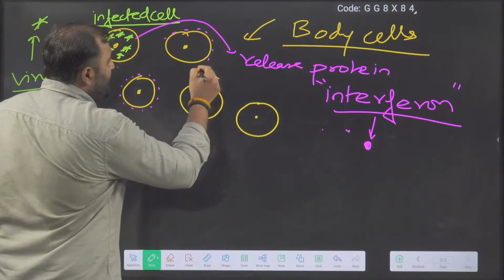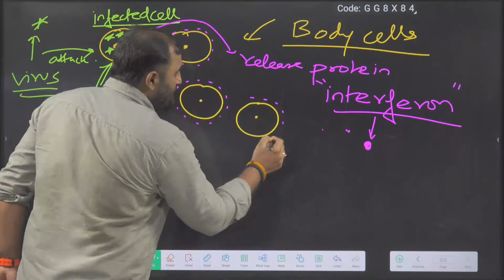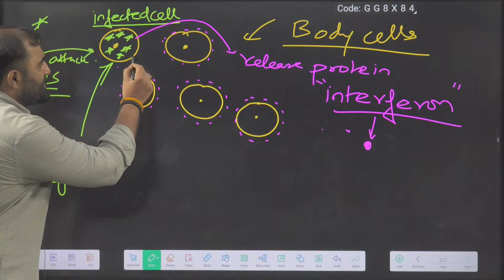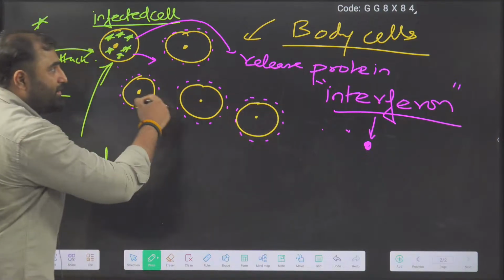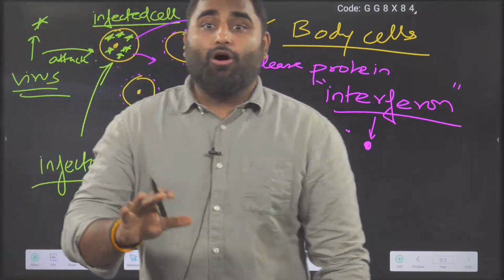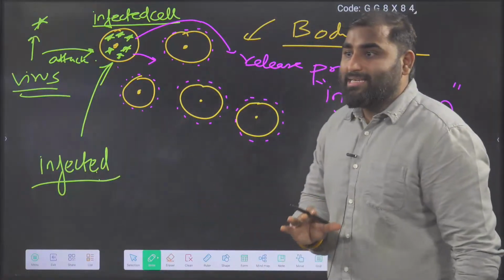Interferon protein will be released, protecting the other non-infected cells. If you notice, the interferon is released by the infected cell and it is making a protective covering around your non-infected cell. So what has happened here?